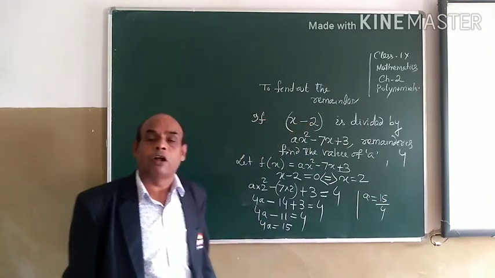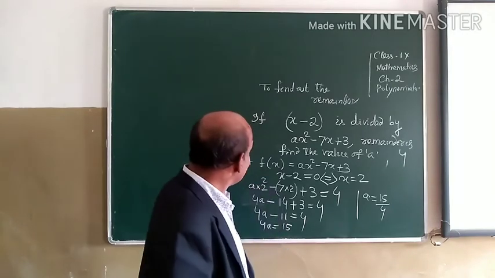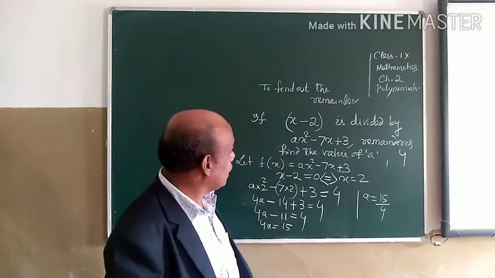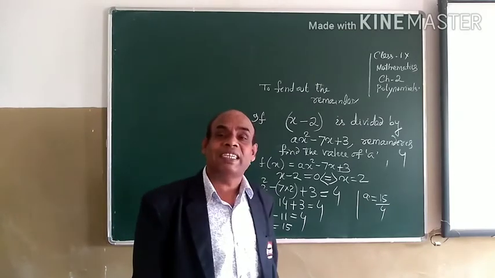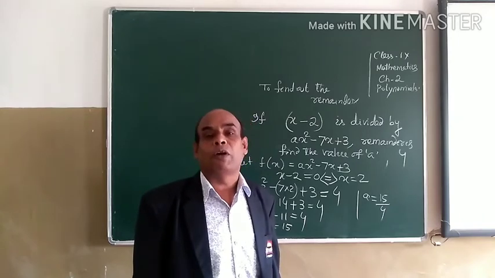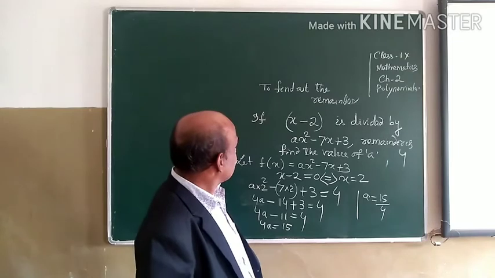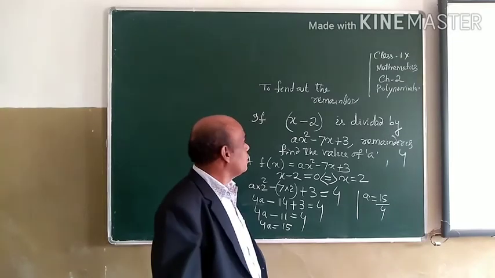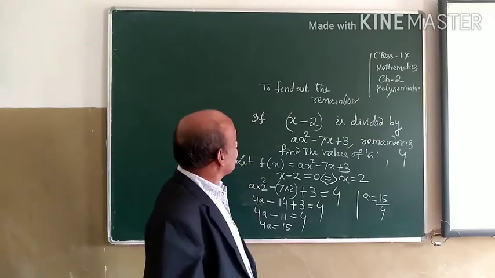The same method we followed in example number 1, the similar method I have adopted here also. Always remember that whatever the dividend given, you have to take it as f(x). So f(x) is equal to a x square minus 7x plus 3. And which one is the divisor? The divisor is x minus 2.